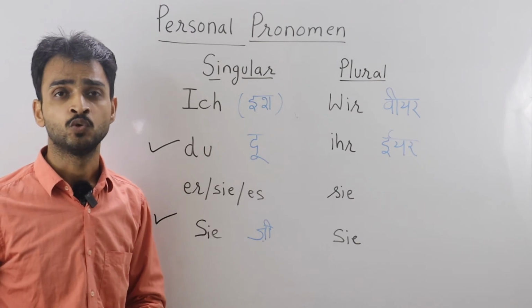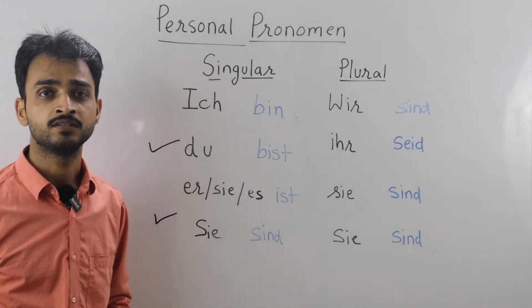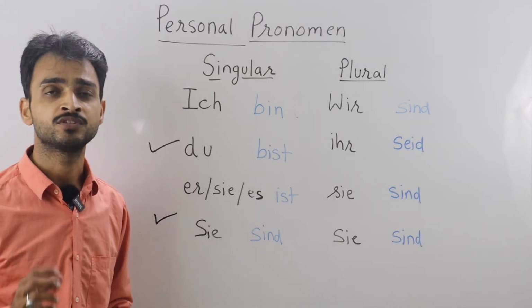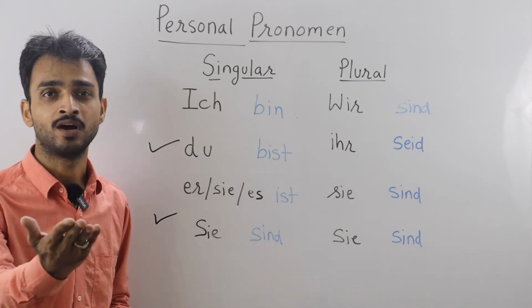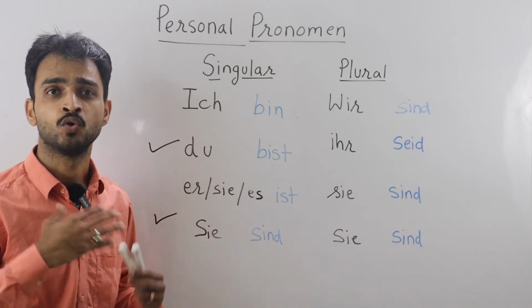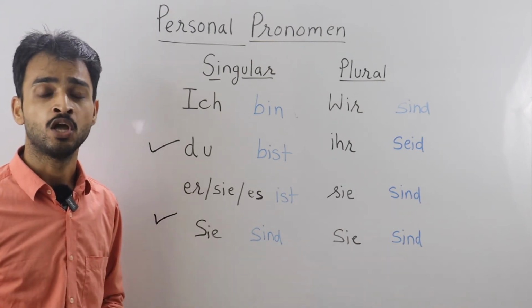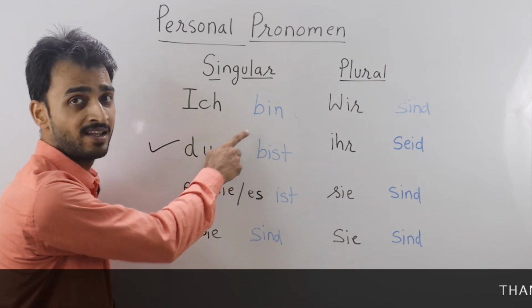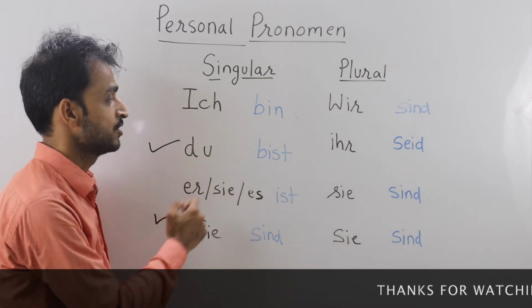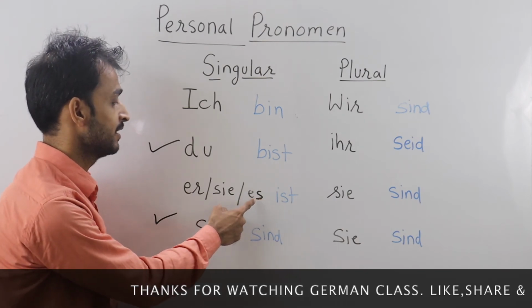Now I will write a few examples so that here I have written verb conjugation. I have used the verb sein, to be. Like I am, you are, she is, we are. How do we say this in German? With the help of subjects or pronouns, we say ich bin, I am, du bist, you are, er ist, sie ist, es ist.